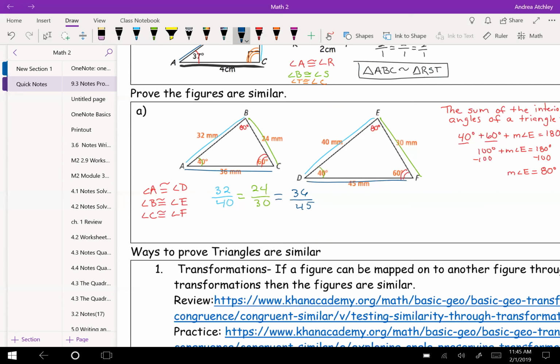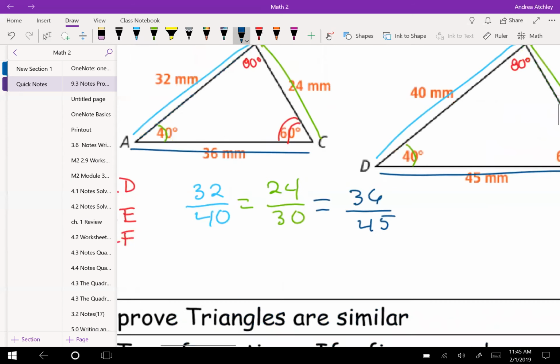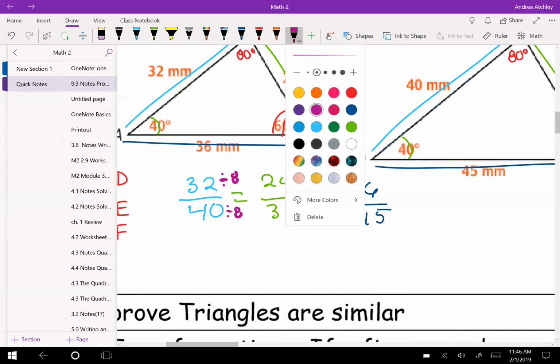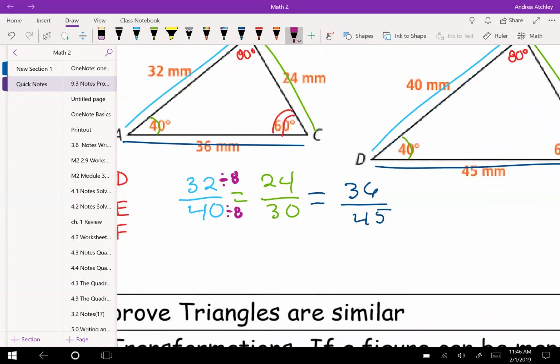Let's reduce. These can both be divided by 8. 32 divided by 8 is 4. 40 divided by 8 is 5. We do the same thing here. 24 and 30, how can that be reduced?